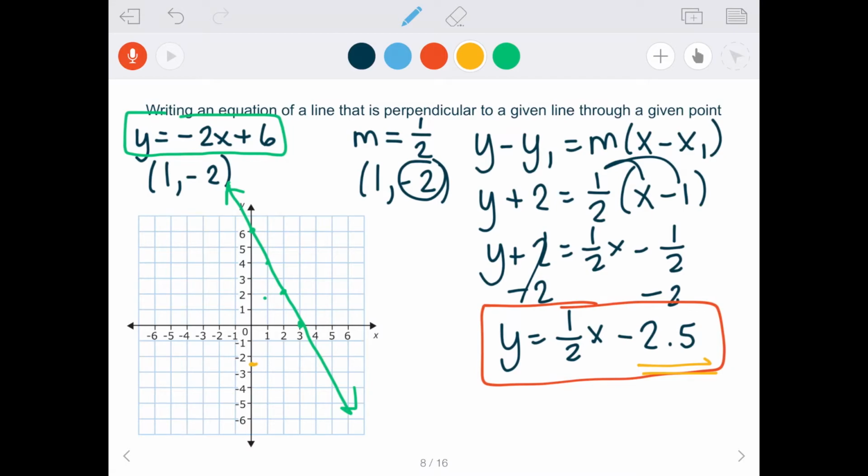And then I need to go up 1 and over 2. So up 1 and over 2 would be here. Up 1 and over 2 would be right there. Up 1 and over 2 would be right there. So that is going to cross like this, and sure enough, we have a pretty nice looking right angle there. All right.